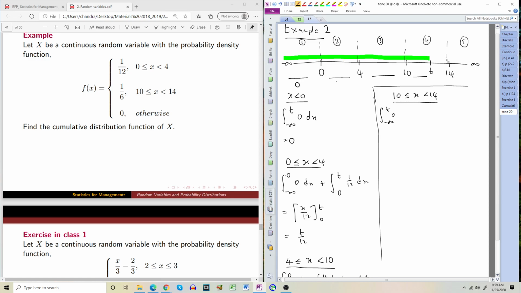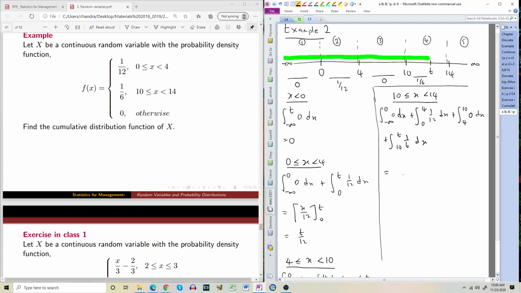The function here is 0, the function is 1/12, the function is 0, the function here is 1/6. 0 to 4 is 1/12, 4 to 10 is 0, and 10 to t is 1/6.